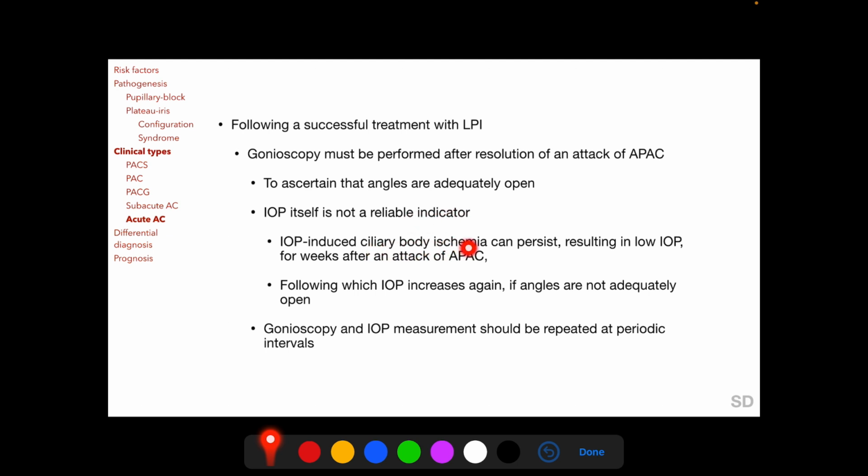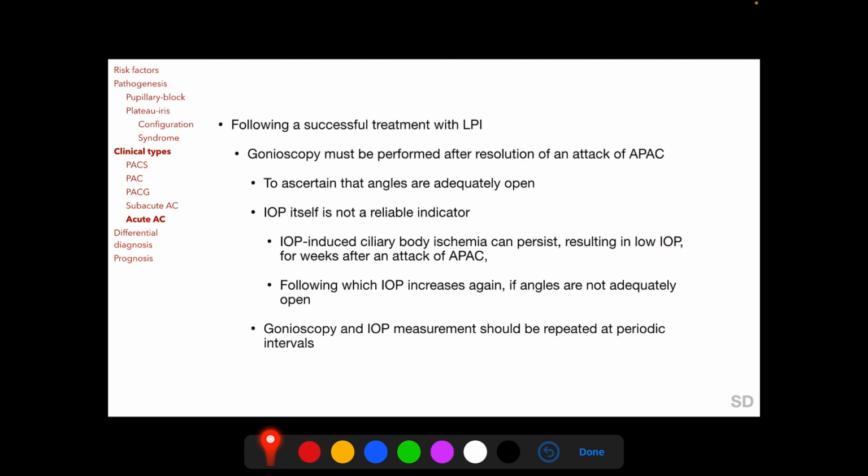Because ciliary body ischemia can occur due to the raised intraocular pressure during the attack, and this ciliary body ischemia can persist, resulting in low intraocular pressure for several weeks following the attack, even if the angles are inadequately open. And this is why gonioscopy is so important after resolution of an attack of acute primary angle closure.